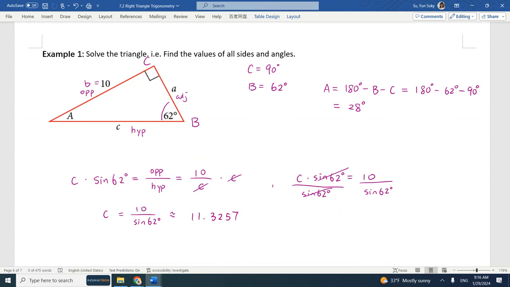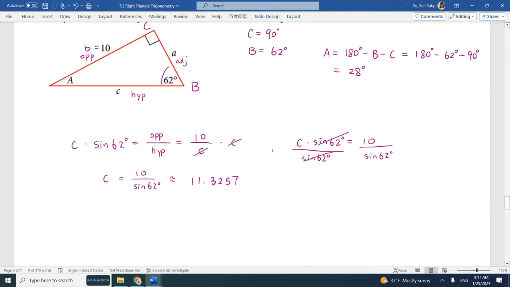We still need, what do we need? We still need to find A. Right? Everybody? Okay, so we still focus on this angle. So A is adjacent. And we know the opposite. Which trig function relates opposite and adjacent? Tangent. Yes.